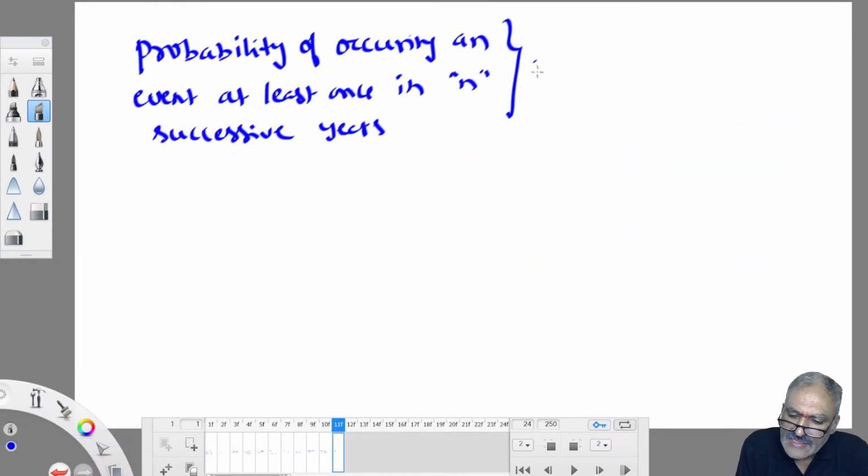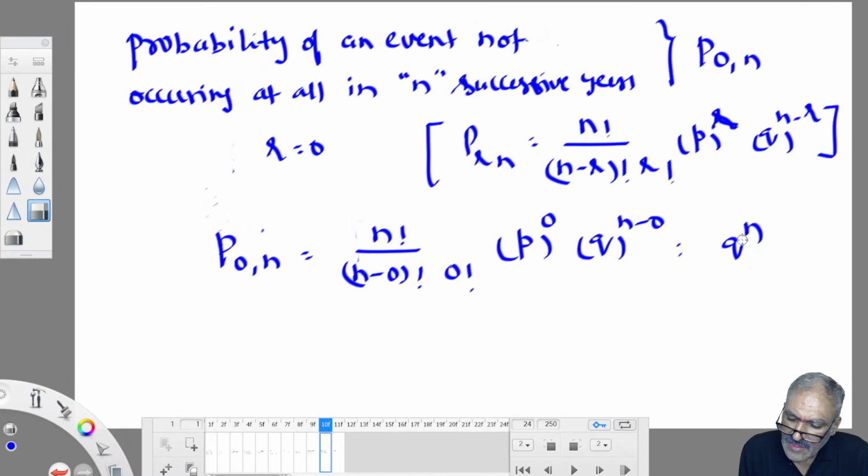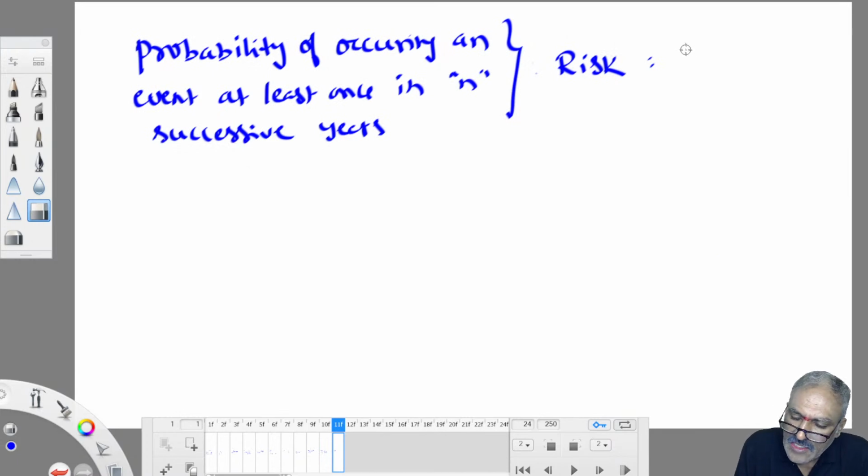This is nothing but risk. If the probability of not occurring an event is 0.2, then the probability of occurring an event at least once in n successive years means 1 minus 0.2, isn't it? So risk is equal to 1 minus the probability of not occurring an event, that is, 1 minus q power n.